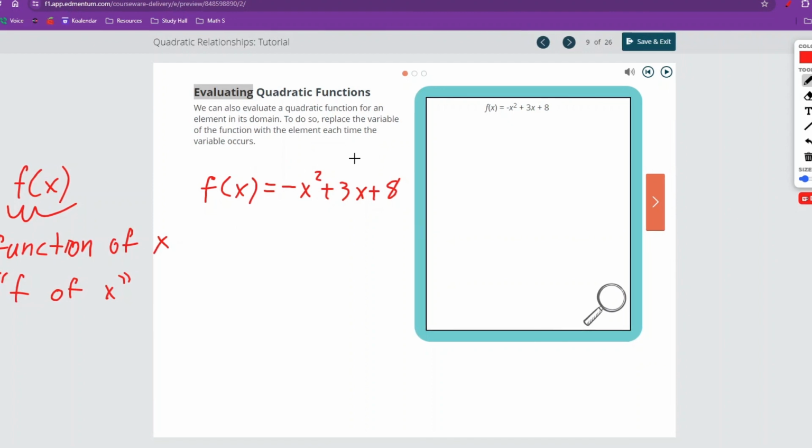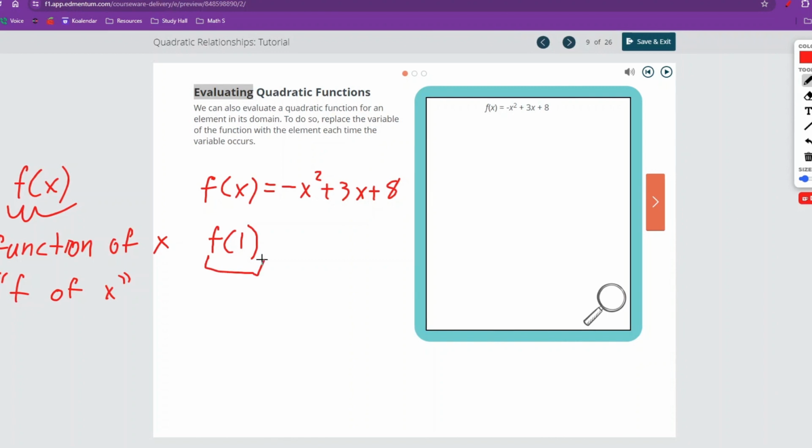When you're told to evaluate it, you may be told, okay, evaluate this function at x is equal to 3 or x is equal to 1. So you might be given that notation, but more often than not, you'll be told to evaluate f of x at some number, and that number will be given like so. F of, we'll just keep it simple for now, say f of 1.